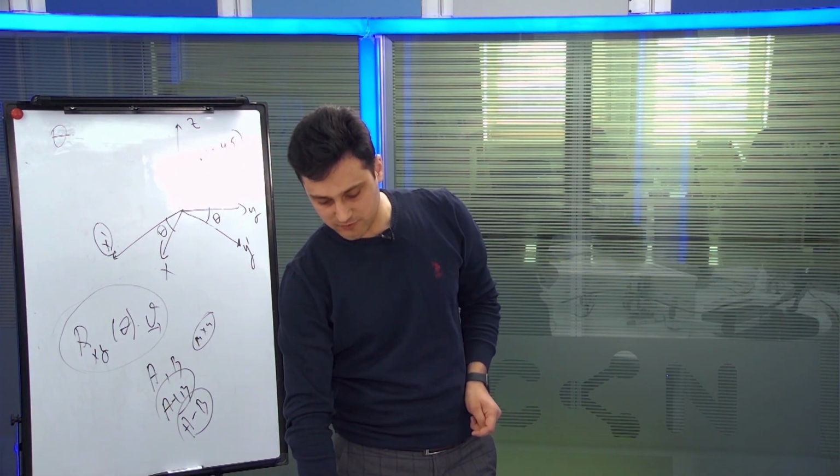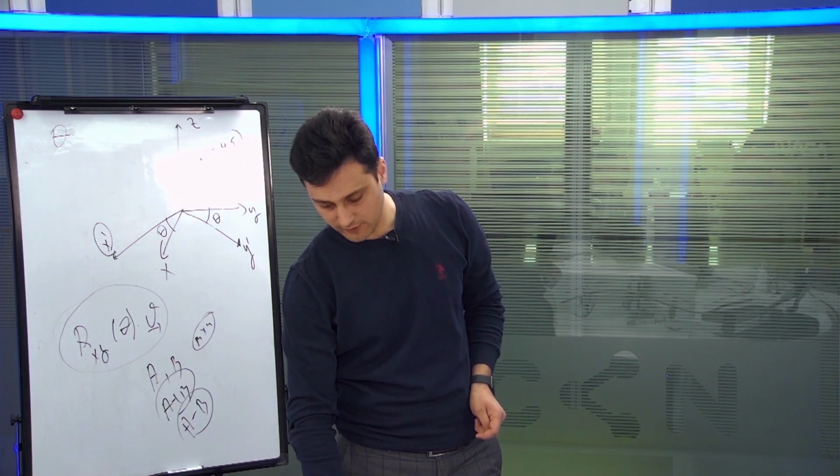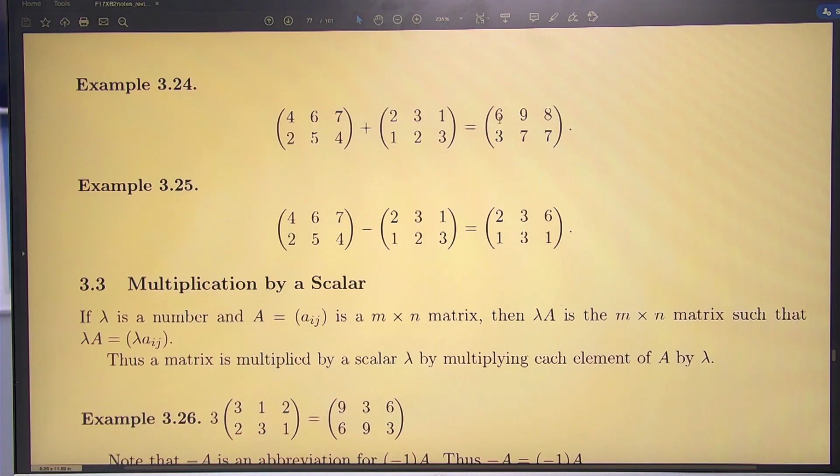You can see example 3.24. You have two matrices of the same dimension. For the result, we add each element: the first row element plus the first row element of the second matrix, the second row element plus the second row element, right?